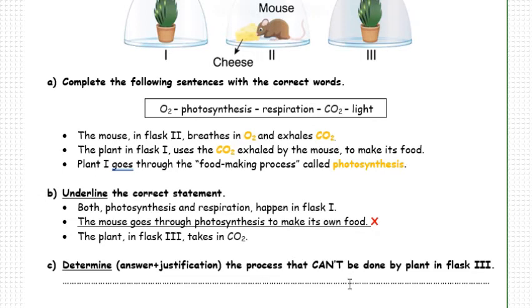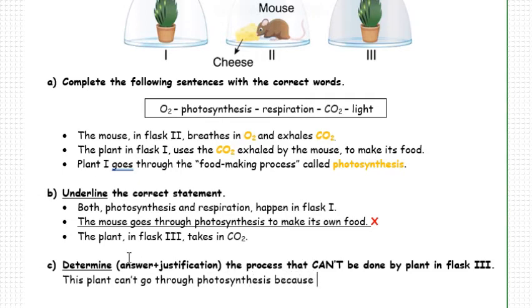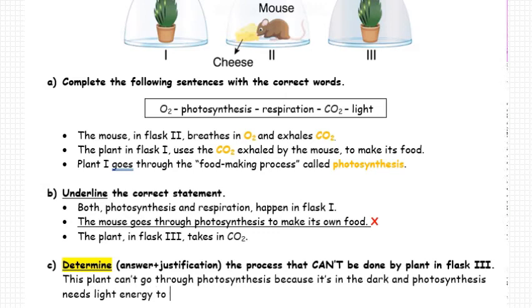Determine the process that can be done by the plant in flask 3. This plant, as I said, can't go through photosynthesis. Each time you determine an answer, you have to explain it and justify it, because it's in the dark and photosynthesis needs light energy to be done.